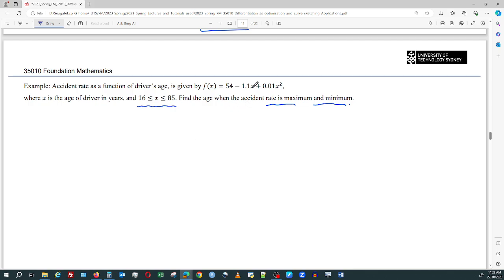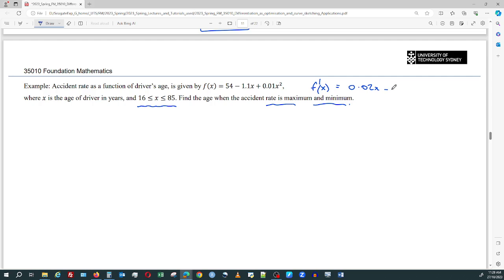So f dash of x will be equal to 2 will come out and multiply by 0.01, so that'll be 0.02x minus 1.1.